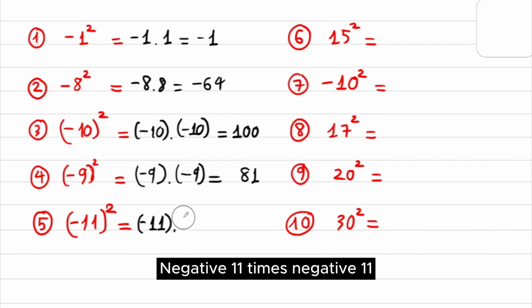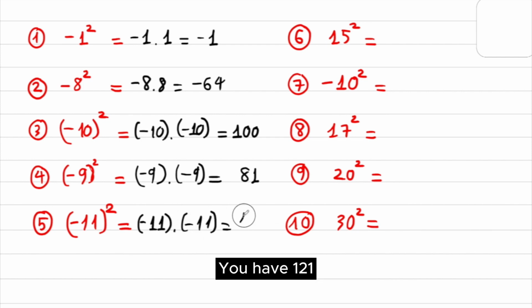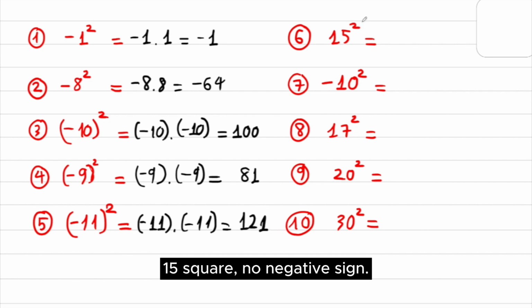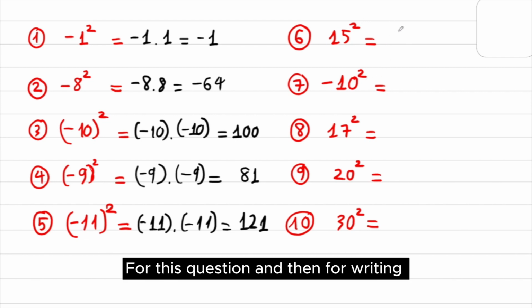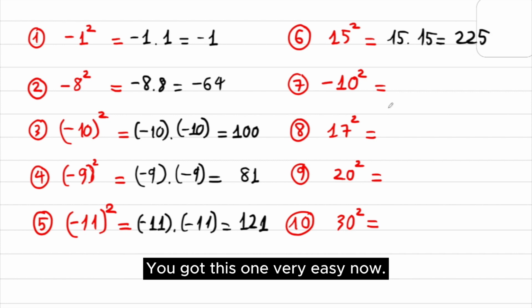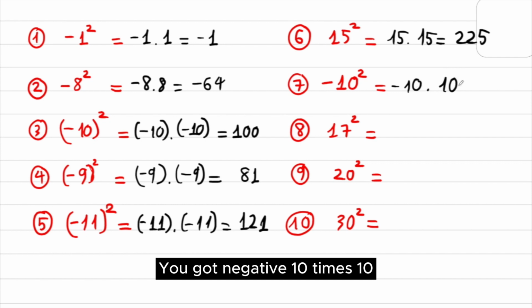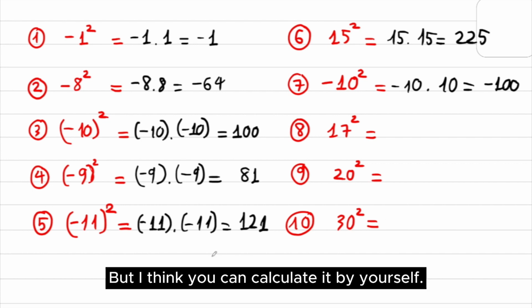Negative 11 times negative 11, you have 121, positive 121. Then 15 squared, yeah, 15 squared, no negative sign for this question. And then for the writing, you got this one. Very easy now. And for this question, you got negative 10 times 10, so you got negative 100.